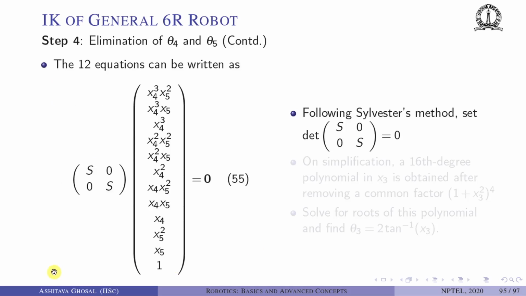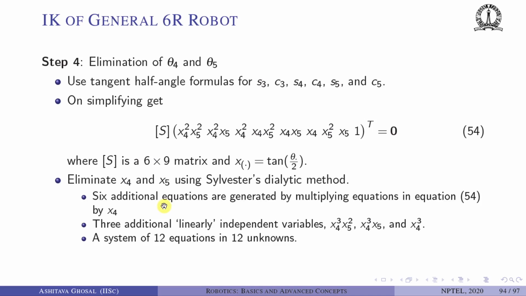Okay, so these 12 equations in 12 unknowns can be written as S, 0, 0, S. Basically they are being shifted to the left when you multiply. And we have the original 9 variables: 1, 2, 3, 4, 5, 6, 7, 8, 9, in x4 square, x5 square and so on.